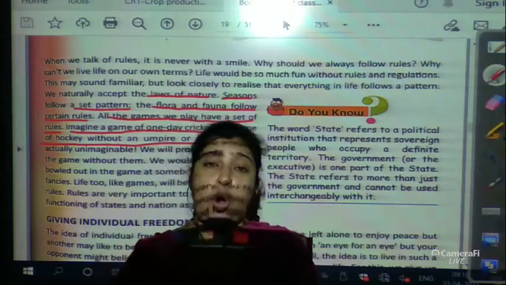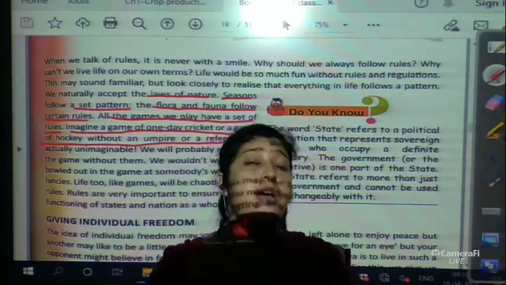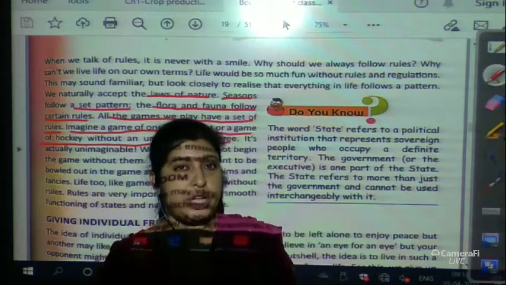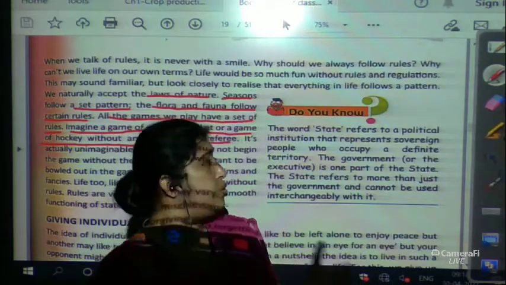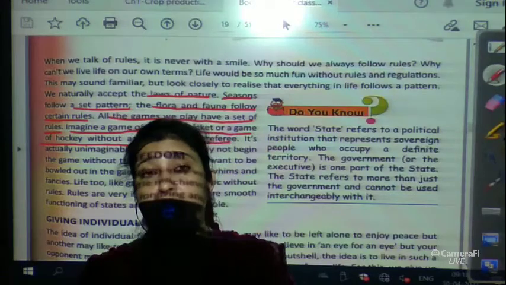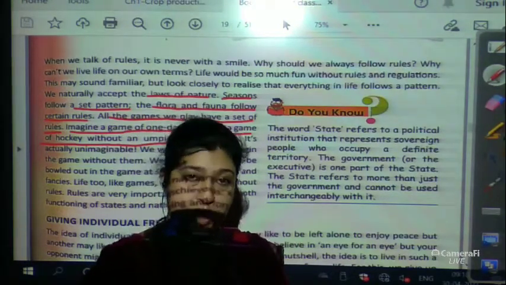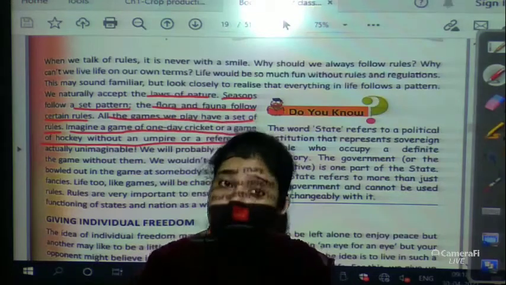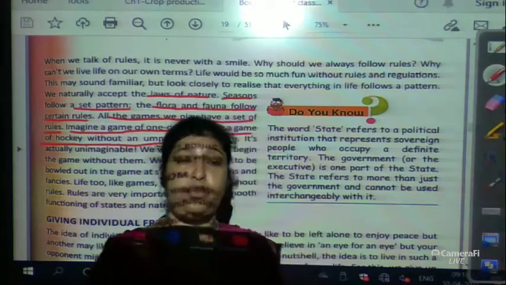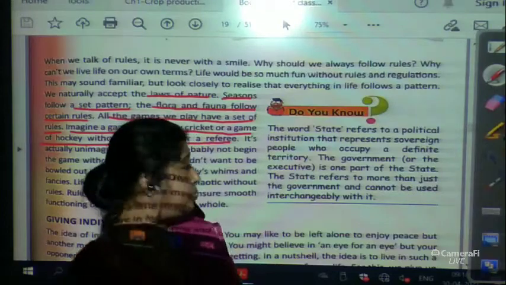That's why we have to follow the natural rules, common rules, for all the people.